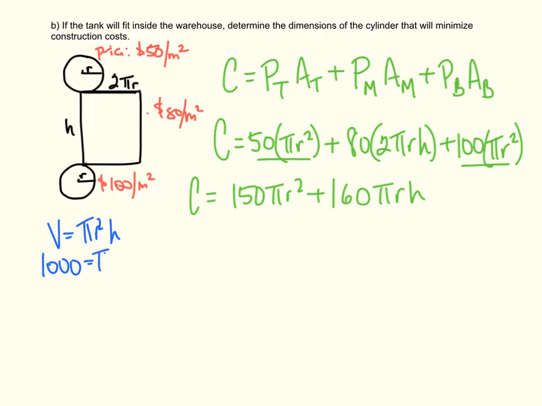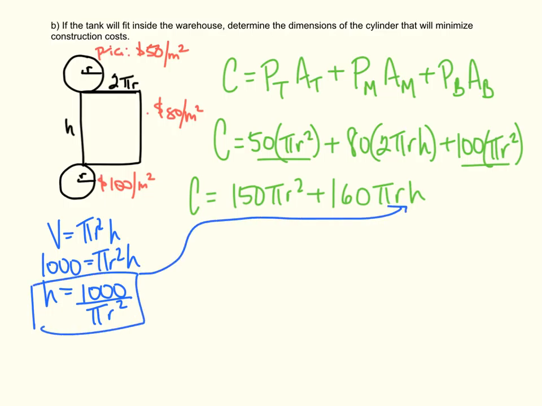So I'm going to solve for h here and get h equals 1,000 over pi r squared. Take this, substitute that into there, and so everything is now in terms of r. That's really useful.